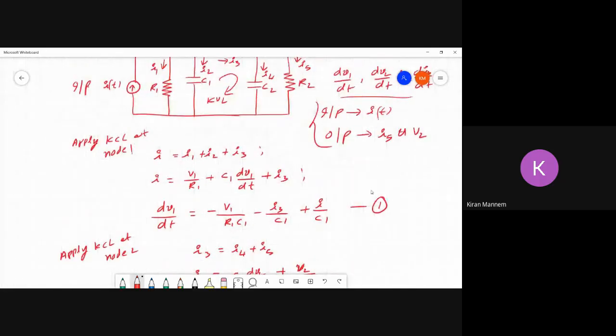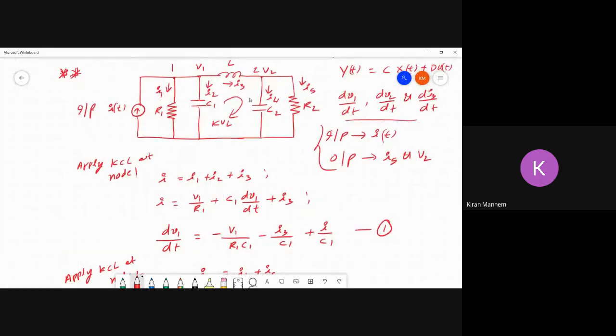Let us look at this. Take this loop: this is a voltage drop, again this is a voltage drop, and this could be the voltage rise, since the current is going opposite to the loop.